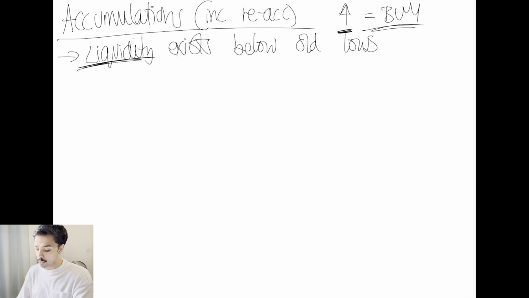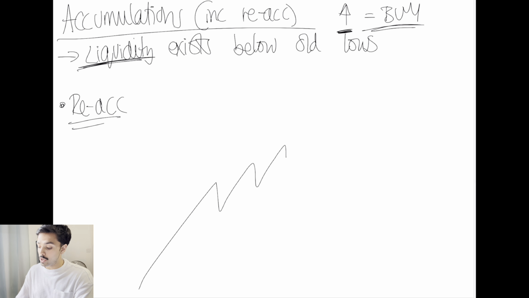Okay, so for example, let's say we are in an area, let's talk about a reaccumulation. Let's say we are in an area where we already have bullish price, and we are looking to attain even higher prices.